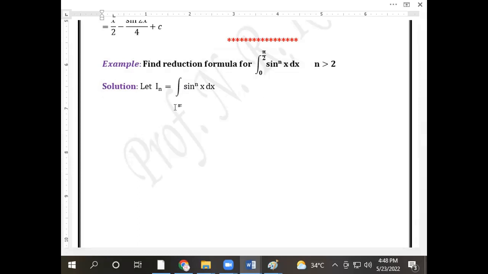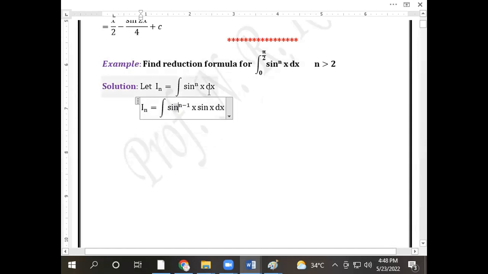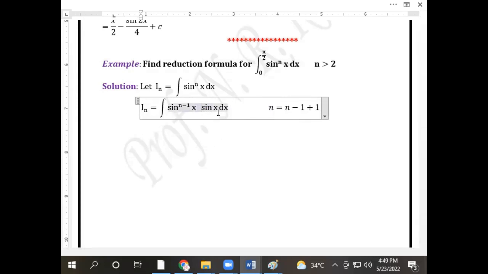For that, we can write sin raised to n as sin raised to n minus 1 of x times sin x. We split the index of sin, so n is equal to n minus 1 plus 1, and this does not affect the value of the function. So sin x is my first function and sin raised to n minus 1 of x is my second function.